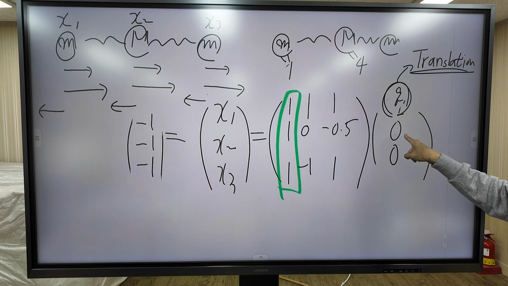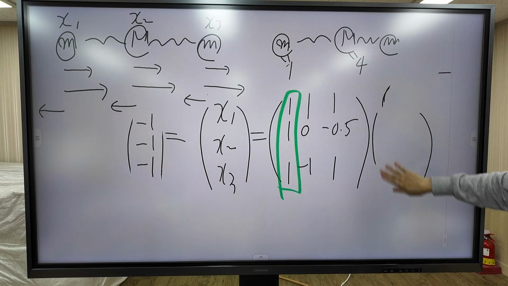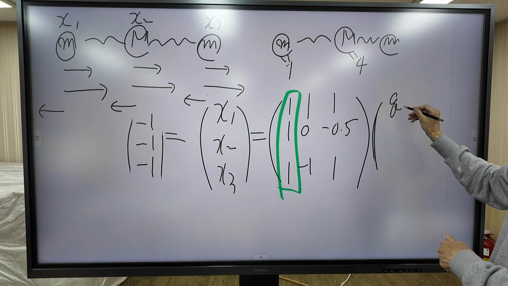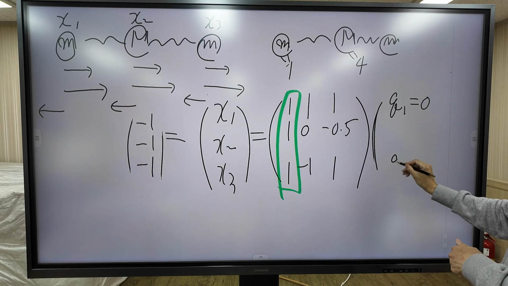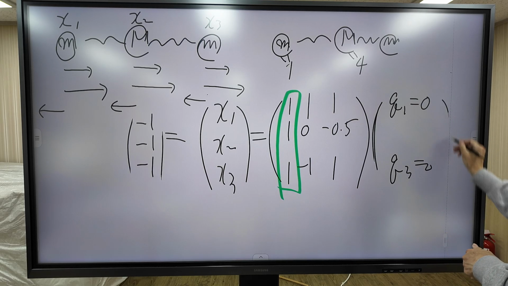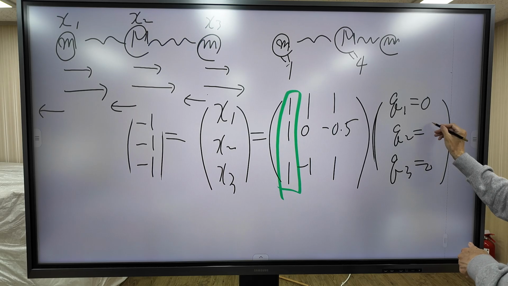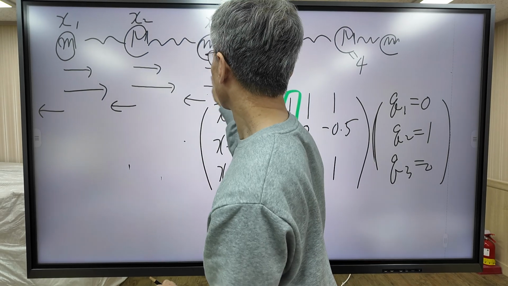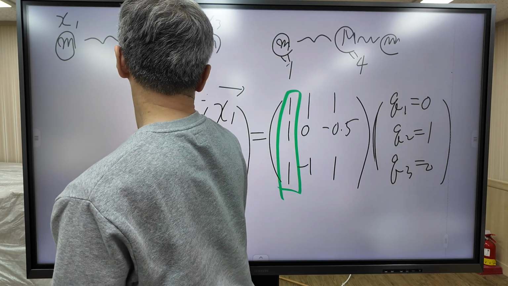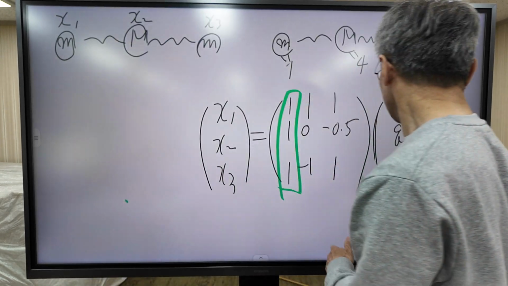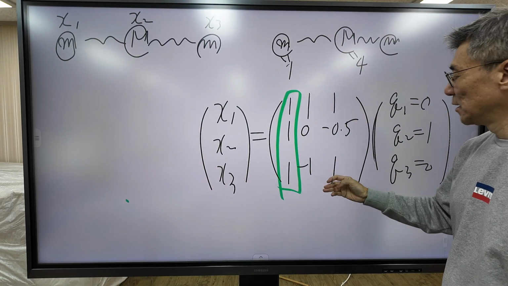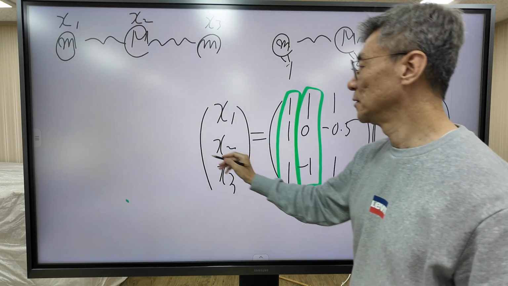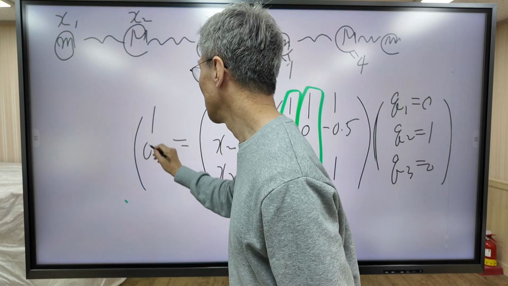Now turn to the second coordinate Q2. To understand the meaning of Q2, I'm going to set Q1 equal 0, Q3 equal 0, and Q2 equal 1. Then what are X1, X2, X3? In this case, (0, 1, 0) returns this value: 1, 0, minus 1.